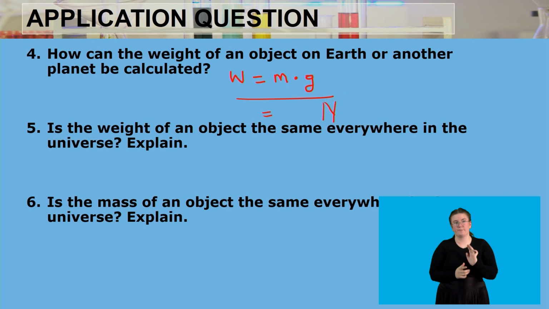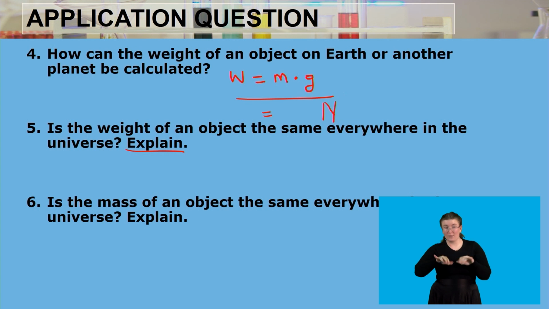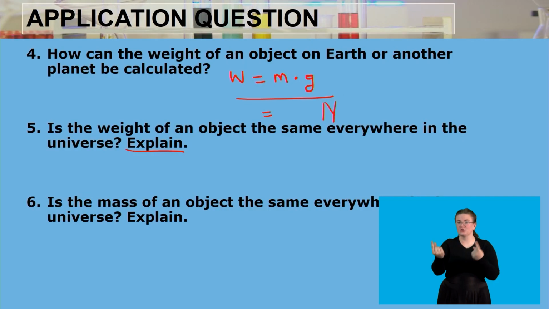Now question 5. Is the weight of an object the same everywhere in the universe? And we need to explain why. First of all, the weight of an object depends on where it is in the universe, which means it is not the same.